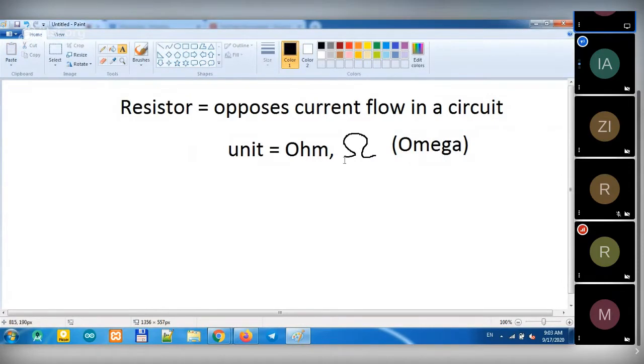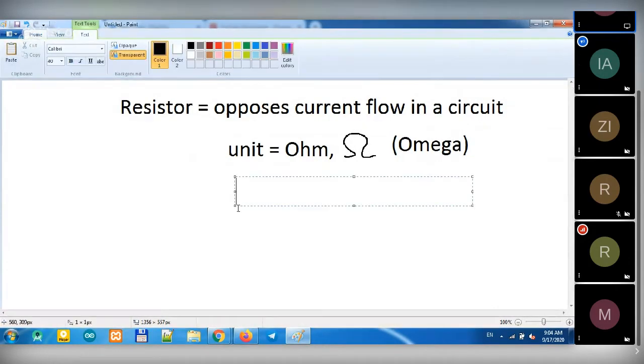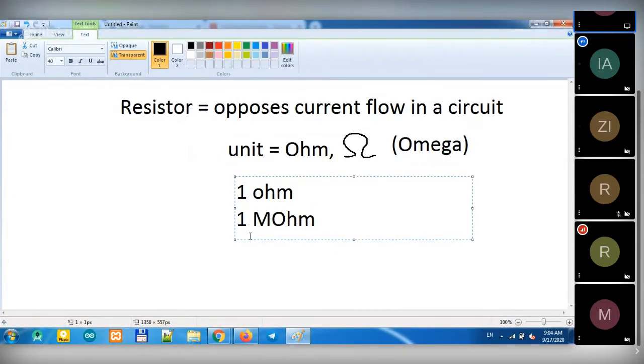In the circuit, you see this type of symbol. It is the value of the resistor. You have 1 ohm, or you have 1 mega ohm, and it gets bigger and bigger.